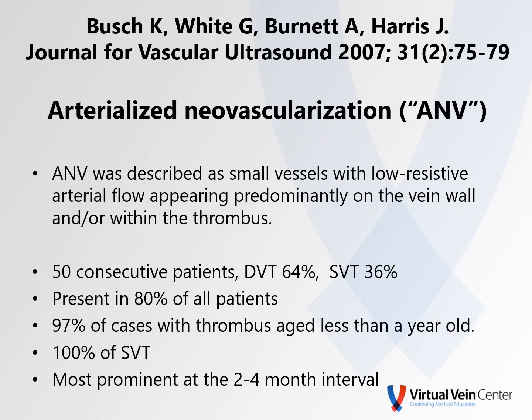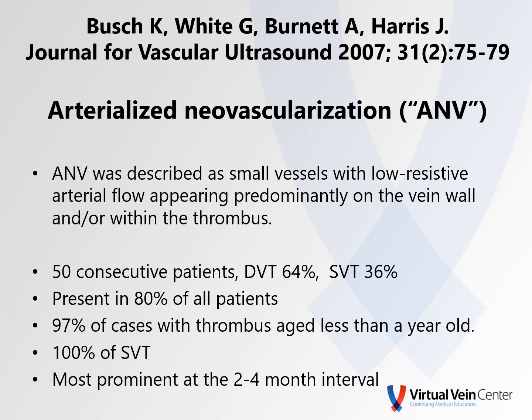If you'd like to read more, I'd strongly recommend what I consider the definitive paper on this, published in the Journal of Vascular Ultrasound back in 2007 by Catherine Bush. They described this phenomenon as arterialized neovascularization, calling it small vessels with a low resistance arterial flow that appeared within this thrombus. Their series had a total of 50 consecutive patients that had either a deep or a superficial venous thrombosis.